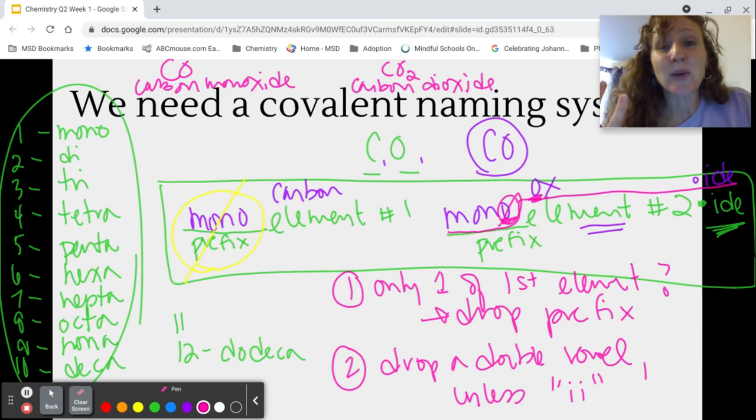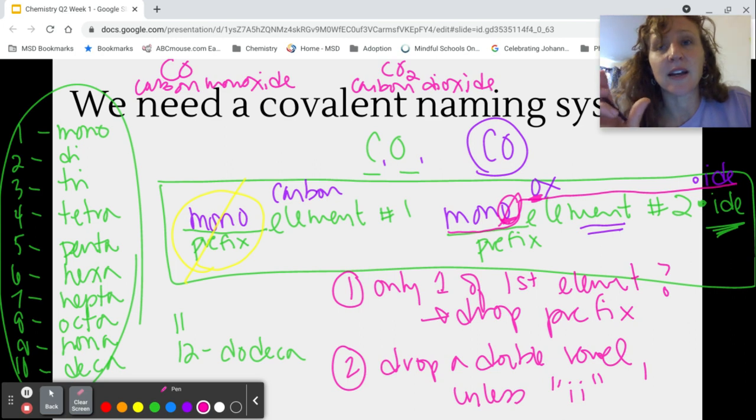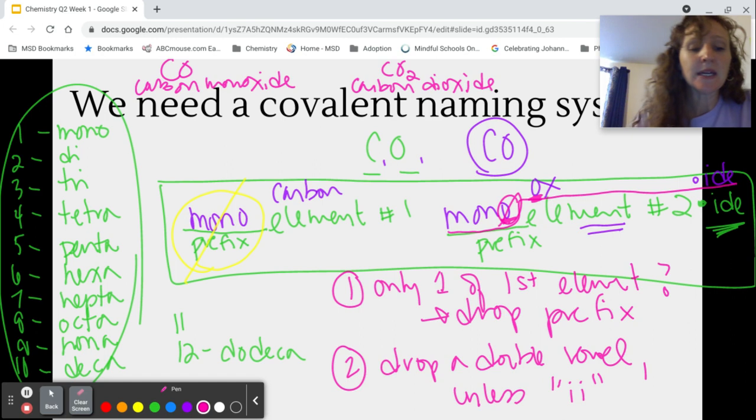When you call CO2 carbon dioxide, you're actually using the covalent naming system. Same thing with carbon monoxide. There's a bunch of examples of compounds we're already familiar with where we already know the name within the covalent naming system. We just had to use the general system, right?